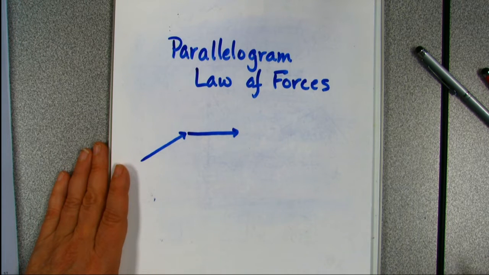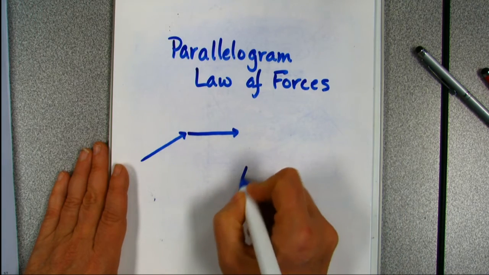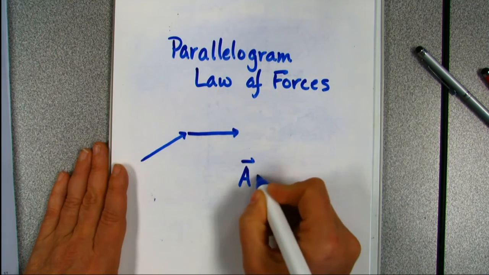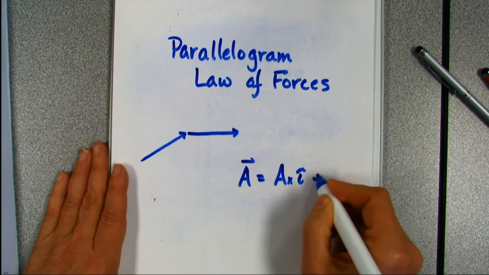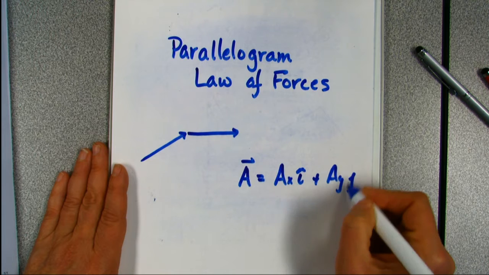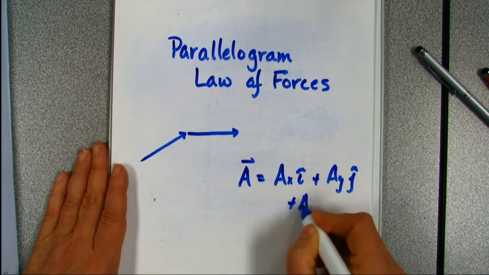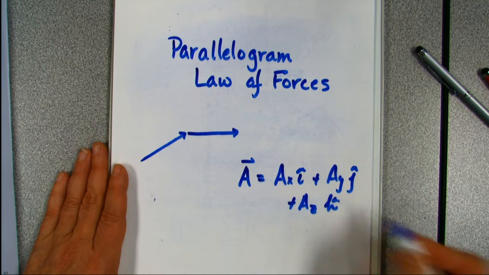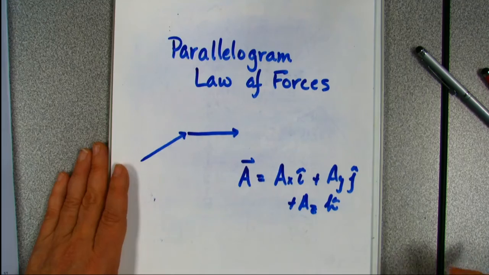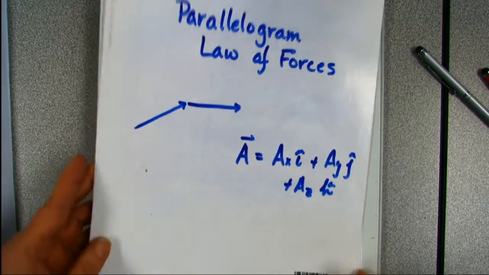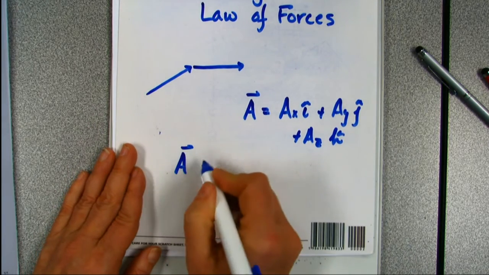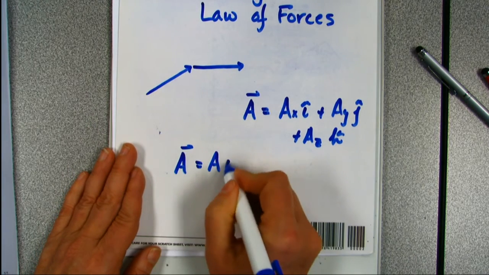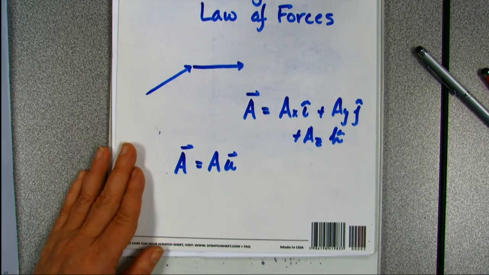Now, one of the things that we're going to use a lot, okay, is if I have a vector, I can represent that vector as A_x i plus A_y j plus A_z in the k direction. I can also represent this vector as A, and then I have a little thing called the unit vector.